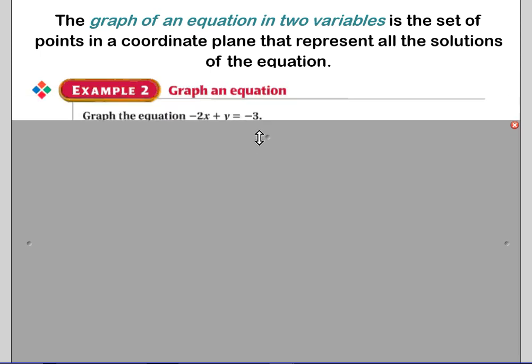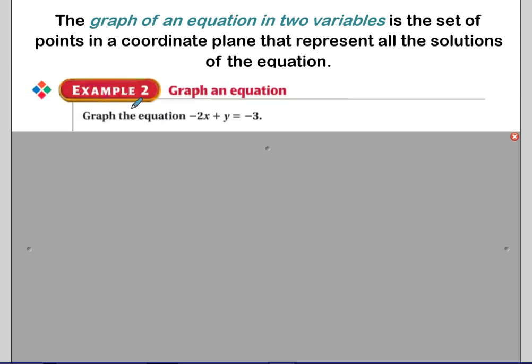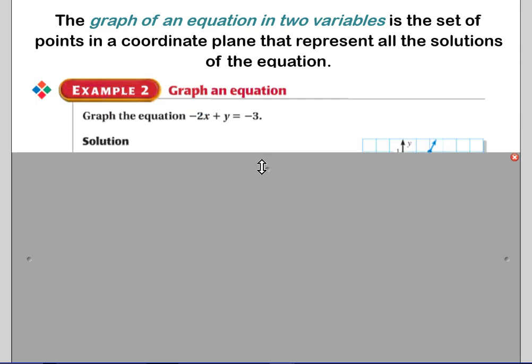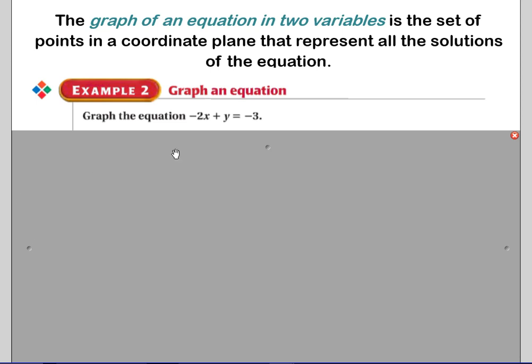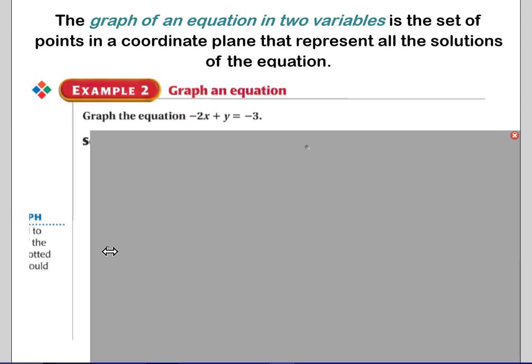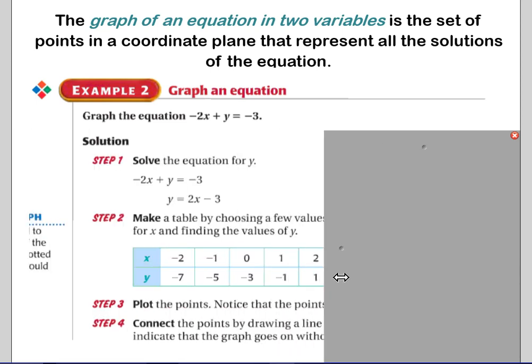Okay, so if I'm given the example, graph the equation negative 2x plus y equals negative 3. The first thing I'm going to want to do, step 1, is to solve the equation for y.